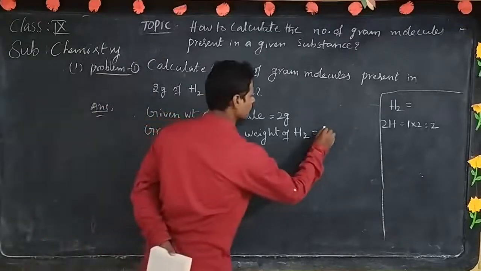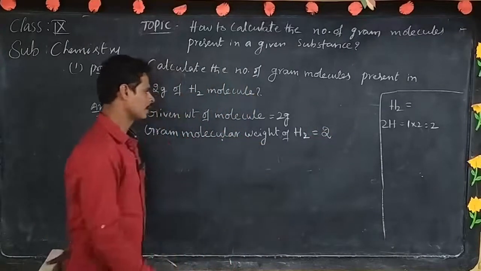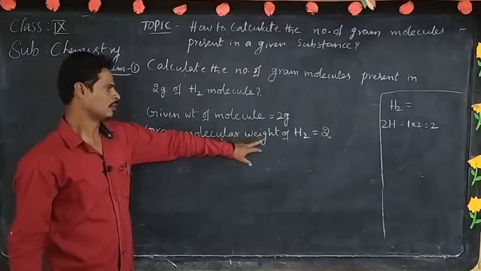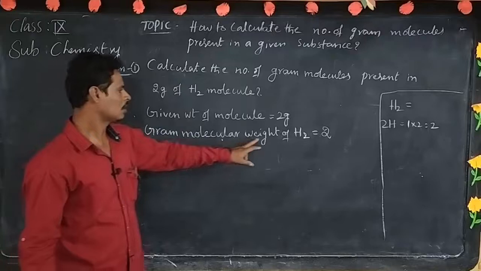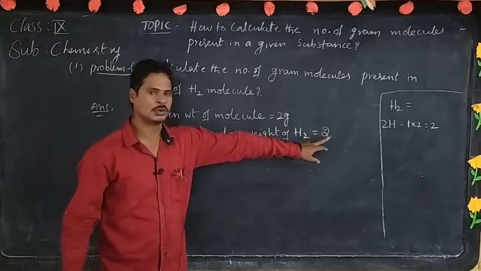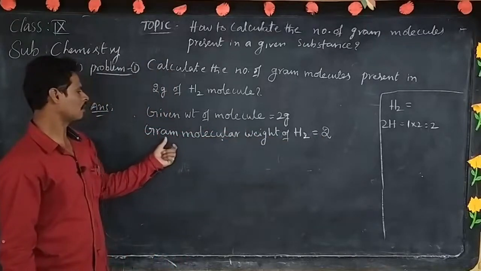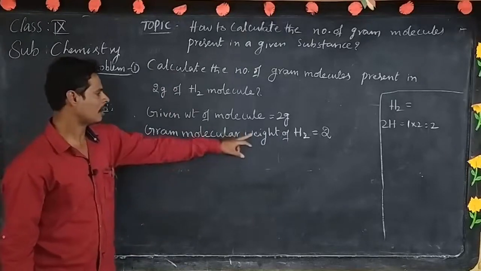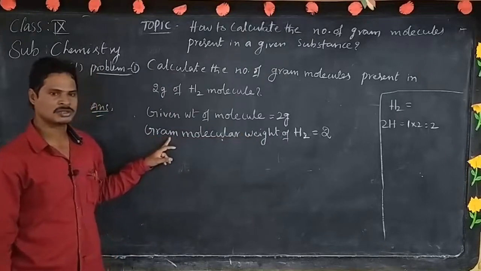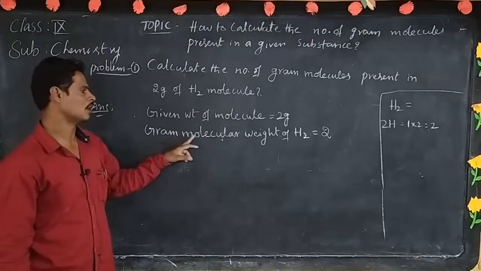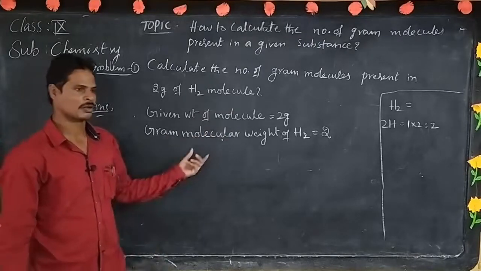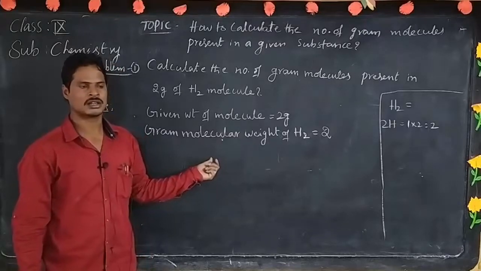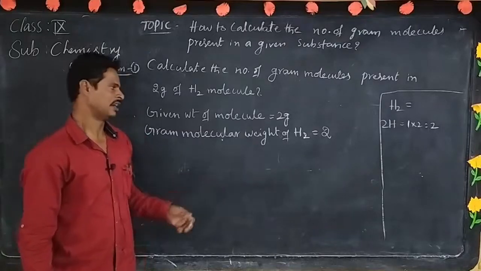Next, 2. Here what is there? Gram molecular weight. We know that molecular weight of H2 molecule equal to 2. What is the meaning of gram molecular weight? Molecular weight expressed in grams is called gram molecular weight.